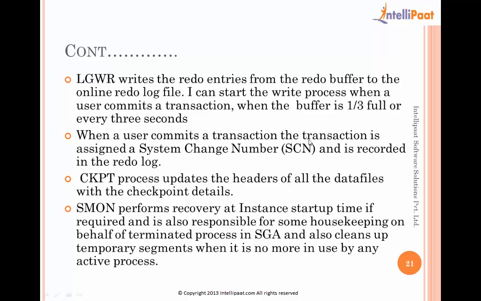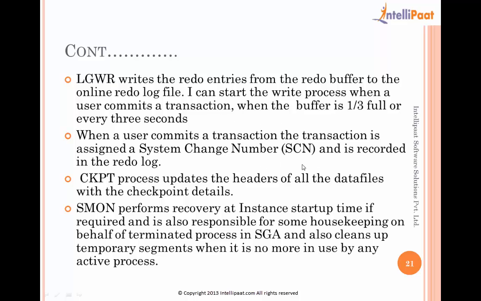When a user commits a transaction, the transaction is assigned a system change number and is recorded in the redo log. The system change number is what keeps track of the transaction. It sequences the transaction. The earlier system change number identified transaction has to be applied to the database before the next system change number. So it tries to sequence the transactions.